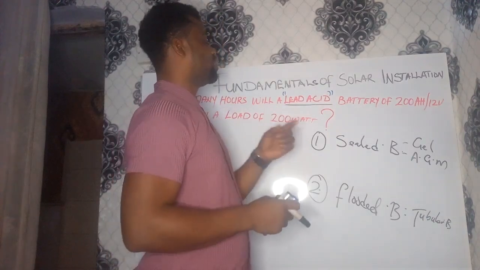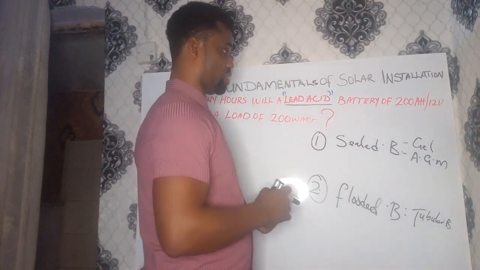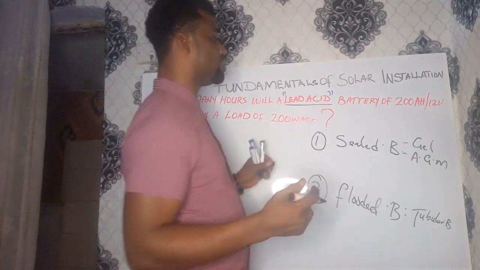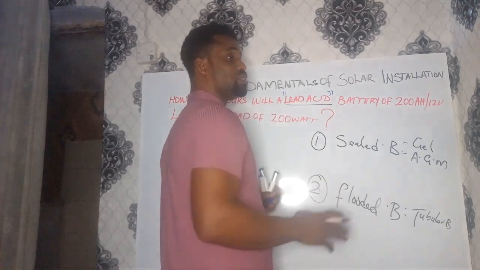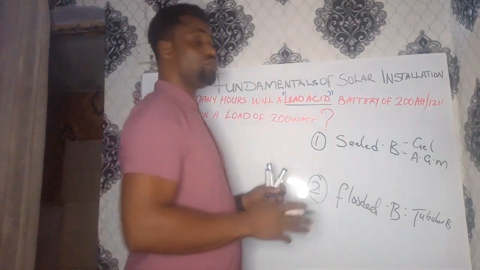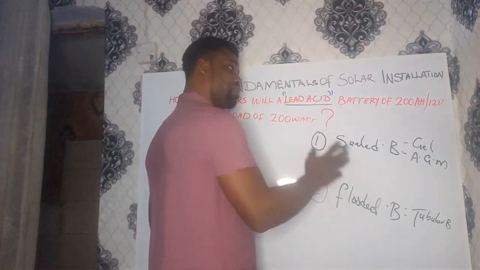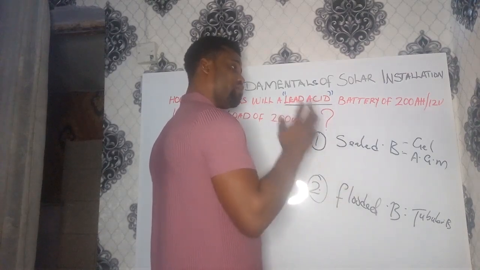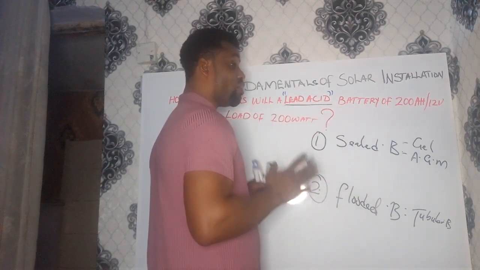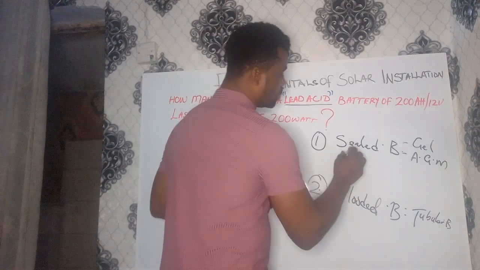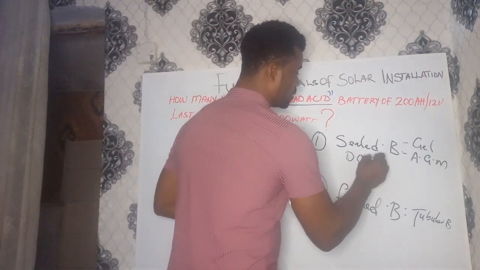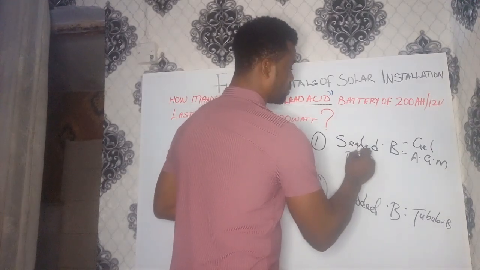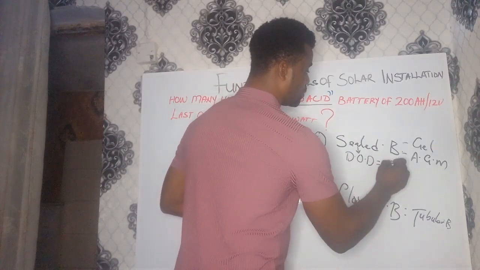Under the sealed batteries, you don't drain a sealed battery more than 50%. In other words, the DOD, depth of discharge, of a sealed battery is 50%.